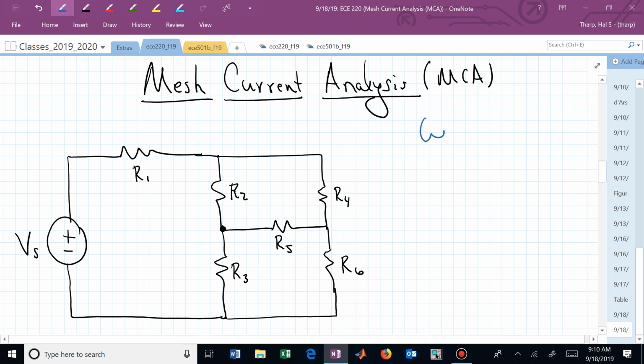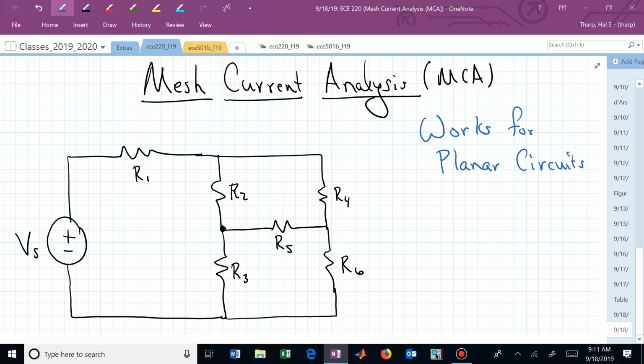So this works for planar circuits. Node voltage analysis works for planar and non-planar, but mesh current analysis only works for planar circuits.